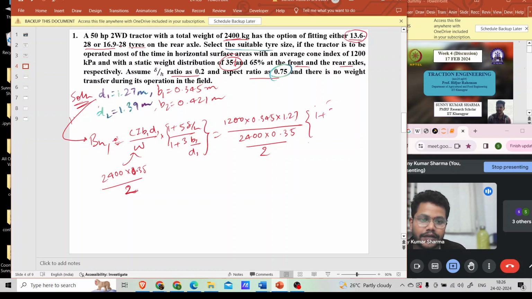Then 1 plus 5 del by h, where the del by h ratio given is 0.2, by 1 plus 3 into b1, which is 0.345, by d1, 1.27. This will be the wheel numeric mobility number for the front wheel.